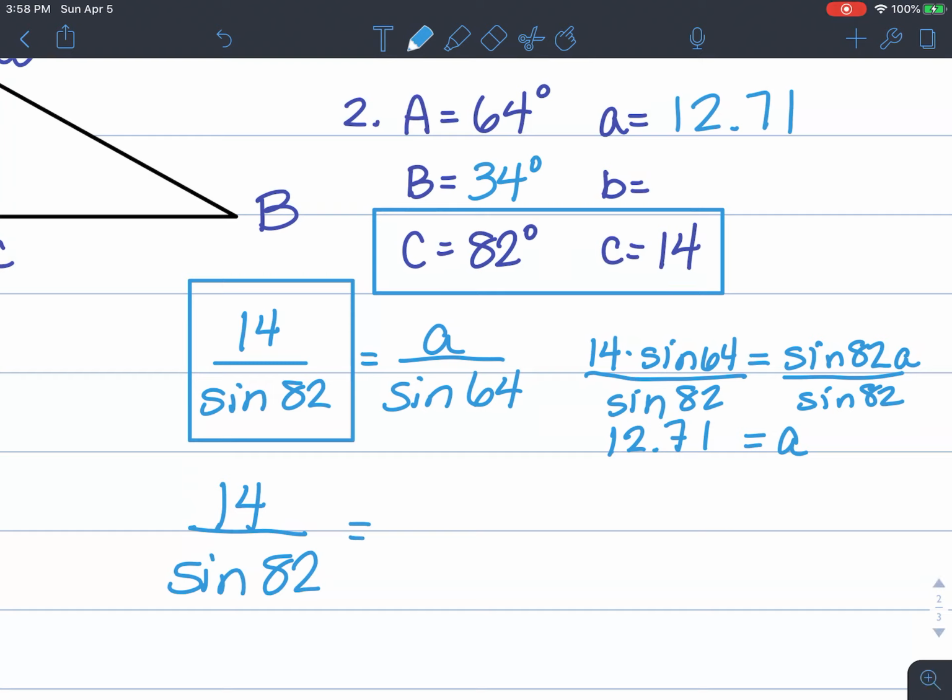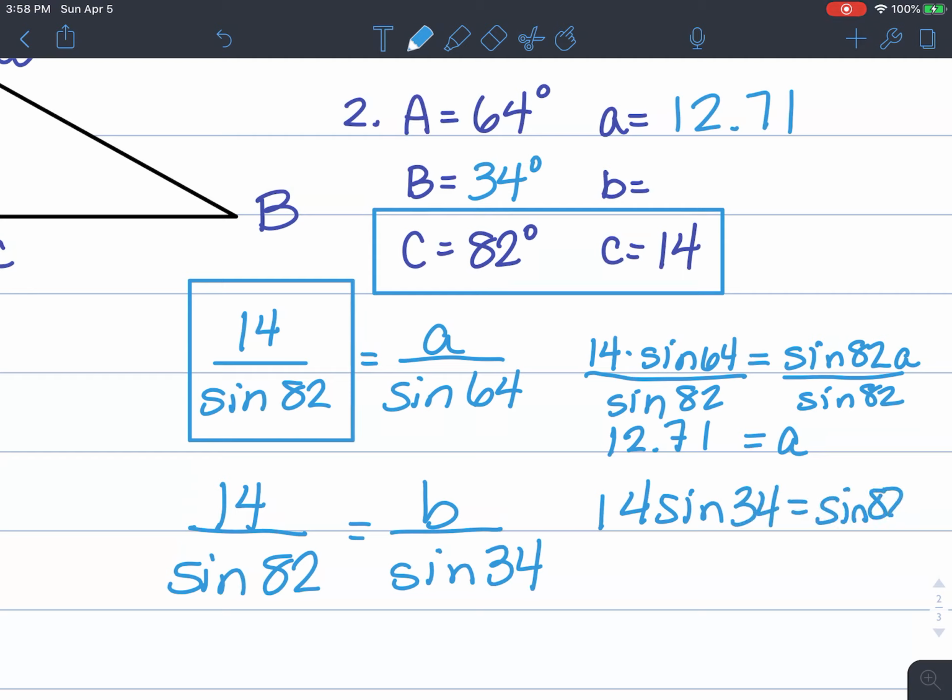But instead of looking for A, we're going to look for B. Type that in our calculators.